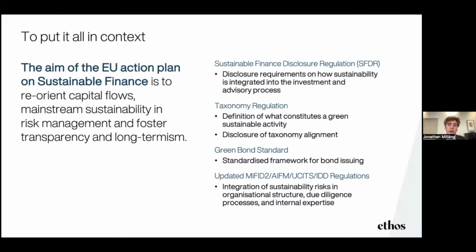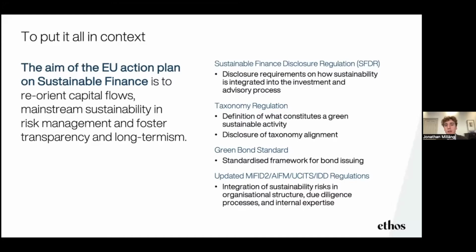For products that are promoting environmental and climate objectives, the taxonomy regulation also kicks in within the SFDR. So climate and environmental activities can report percentage of substantial contribution to climate and environmental objectives that are listed and classified in the taxonomy regulation, which is a classification system.